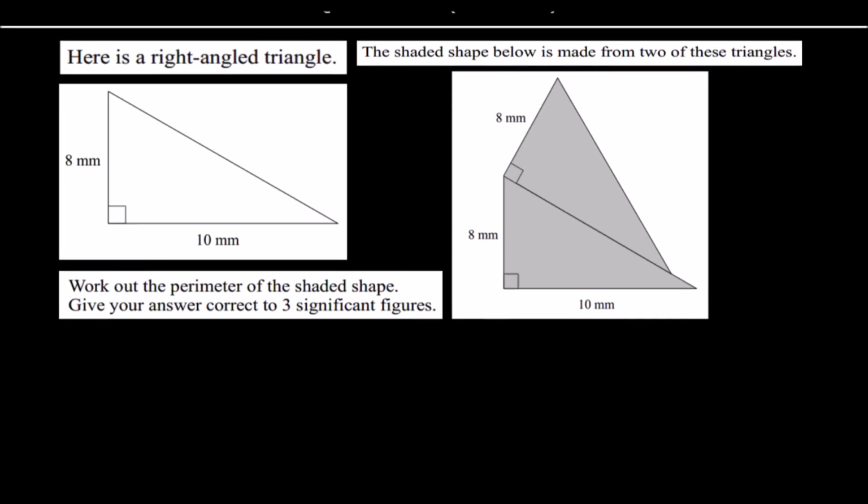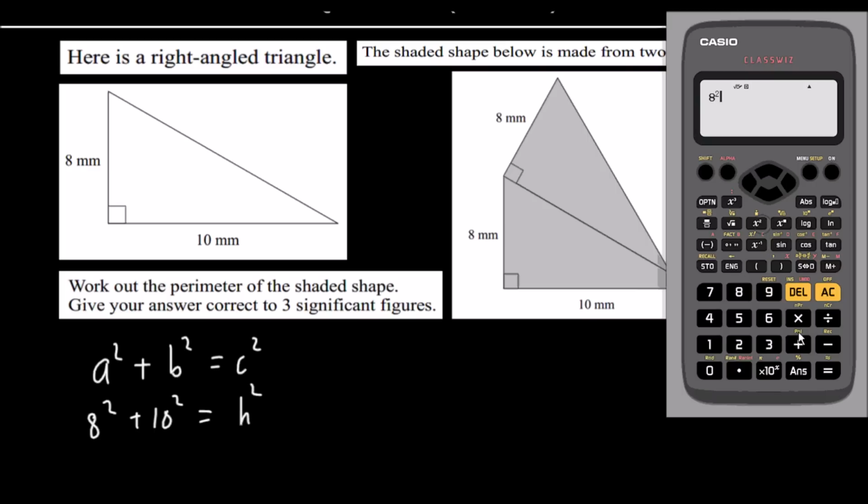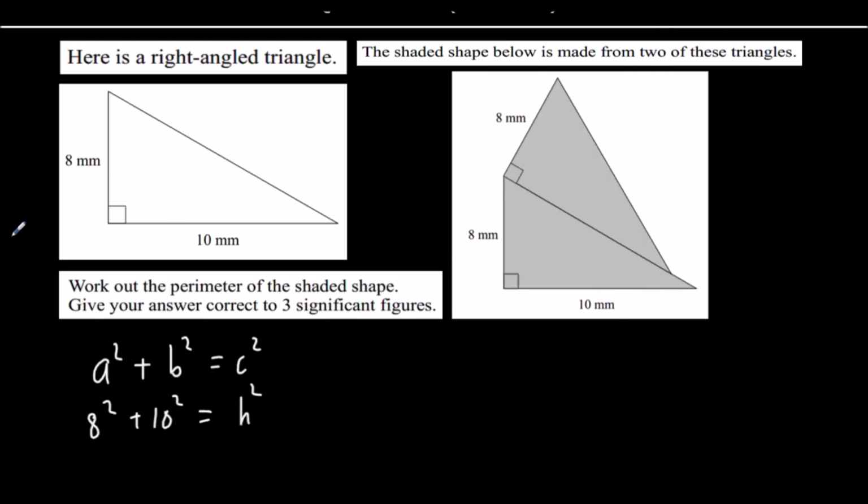Pythagoras' theorem says a squared plus b squared is equal to c squared. The two short sides squared and added together equals the hypotenuse squared. So 8 squared and 10 squared makes 164.